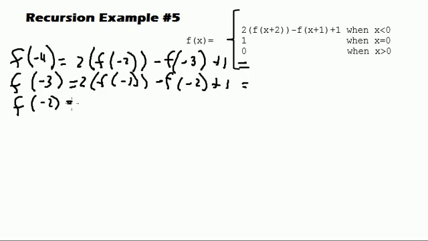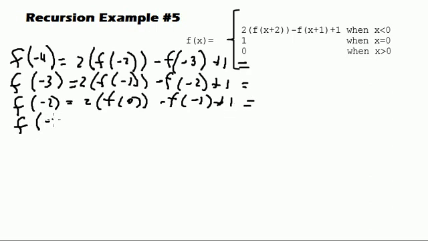Function of -2 is going to be 2 times the function of 0 minus the function of -1 plus 1, is equal to, and now we find the function of -1, which is 2 times the function of 1 minus the function of 0 plus 1.